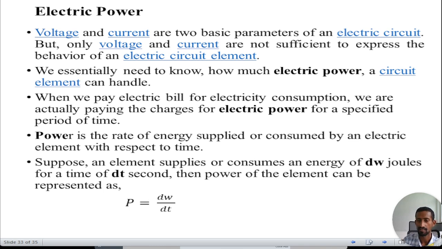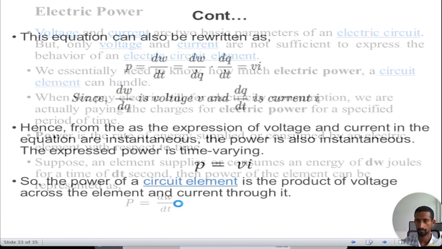So power is the rate of energy supplied or consumed by an electric element with respect to time. Suppose an element supplies or consumes an energy of dW joule in a time of dt second, then the power of the element can be represented as P equal to dW by dt.